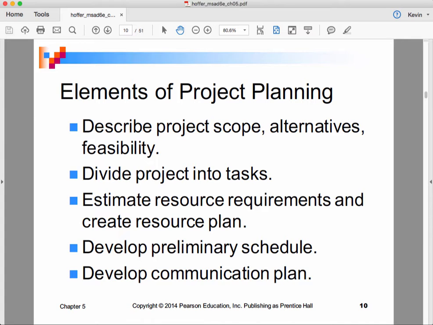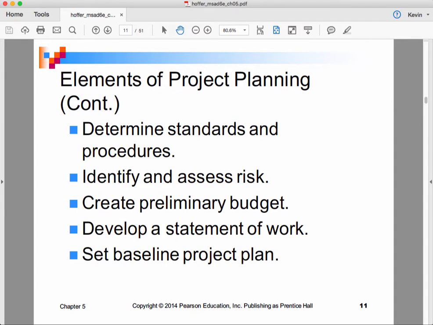So the traditional approach, elements of project planning: describe project scope, alternatives, and feasibility, divide the project into tasks, estimate the resource requirements and create the resource plan, develop a preliminary schedule, develop a communication plan, determine standards and procedures, identify and assess risks, create a preliminary budget, develop a statement of work, set a baseline project plan.